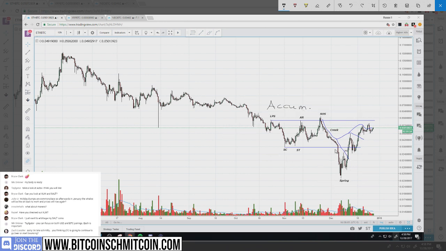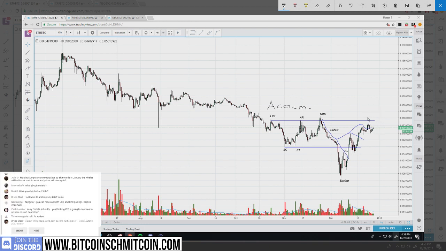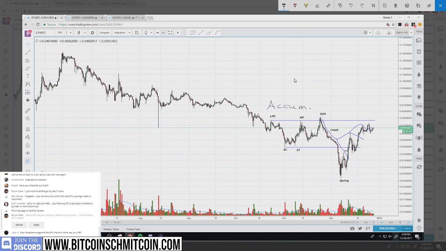So we see the spring, we see an aggressive move up, and we see the telltale signs that it's going to begin its markup because we don't see any new lows, and it's just below the trading range. So I would expect to see a breakout of this trading range, and when it does, see a sign of strength here before it begins its major markup campaign for Ether Bitcoin.